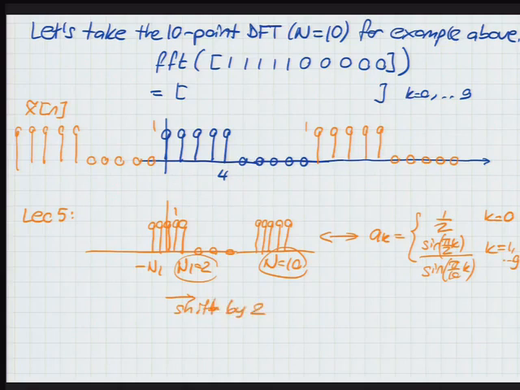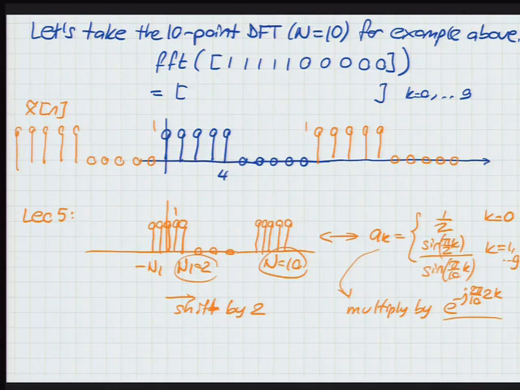What happens to these coefficients? Multiplied by, louder please, 2 pi over n, which is 10. I shifted by 2 units, times k, right? So ak becomes this times ak. So these should be multiplied by this factor, 4 pi by 10 times k.